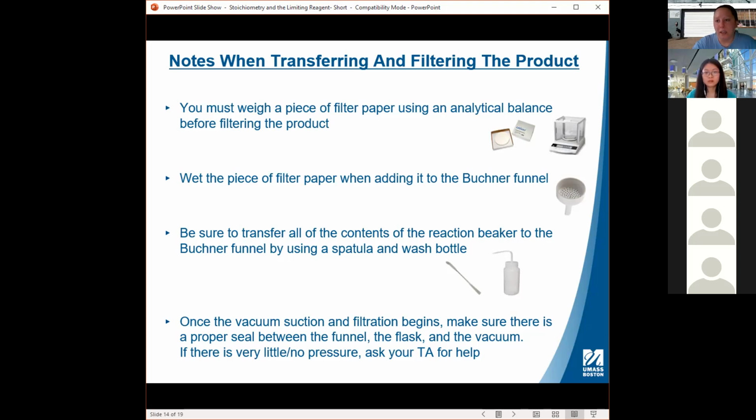In this case, because we are drying our product under a heat lamp, we are transferring our product to a watch glass. Before you transfer your product from the filter paper to the watch glass, we want to weigh the watch glass first. So you would weigh your watch glass, put the product on, and then weigh it.